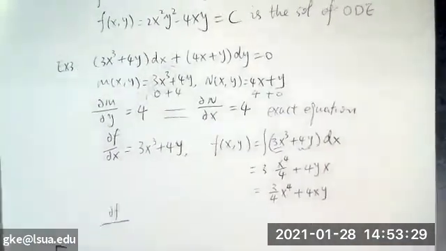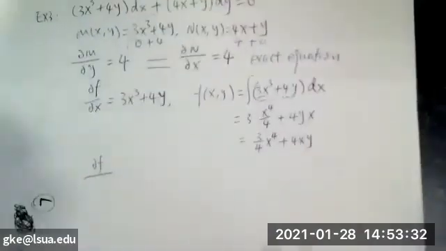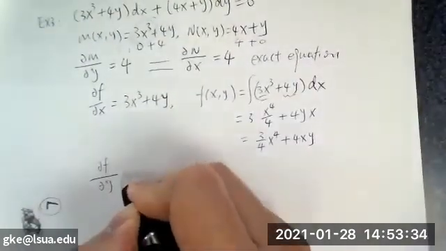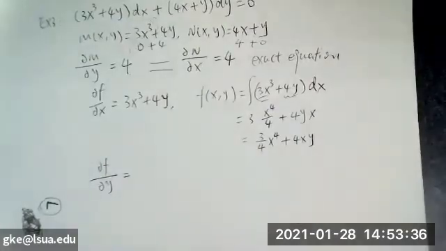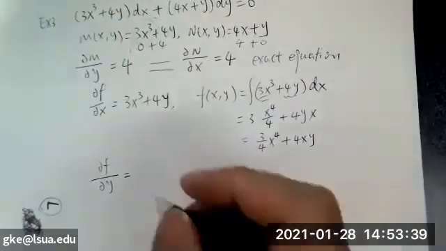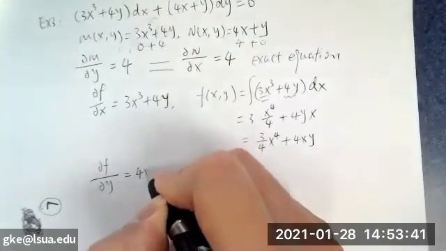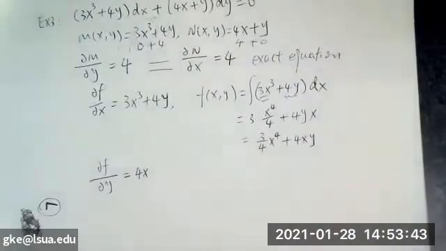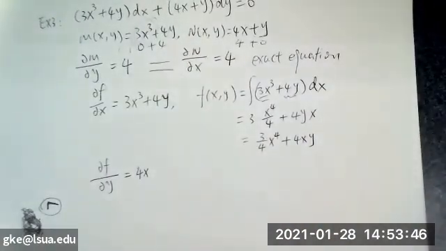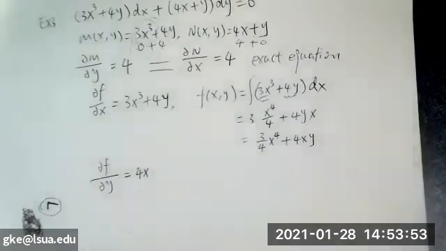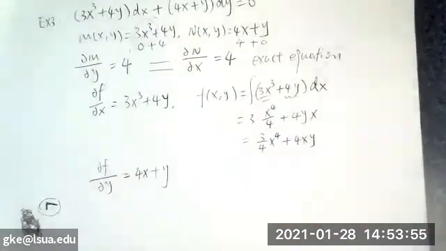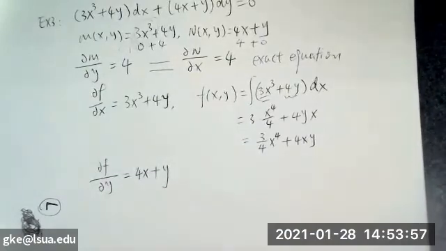And the second condition. The second condition is going to be 4x plus y, right? And how are we going to solve it?